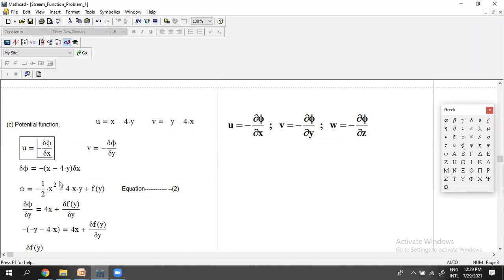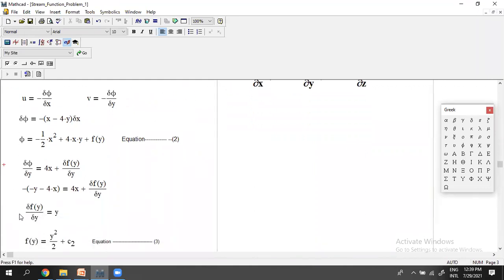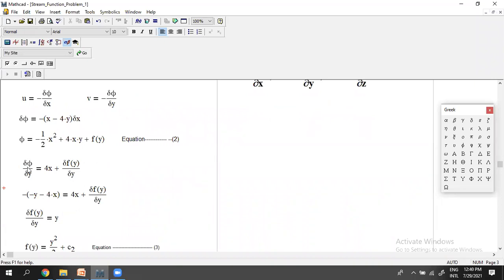Then you integrate both sides. You remember, you integrate the right side with respect to x, right? So instead of a constant, you add a function f(y). You add a function f(y), then you differentiate again with respect to y to bring this term.